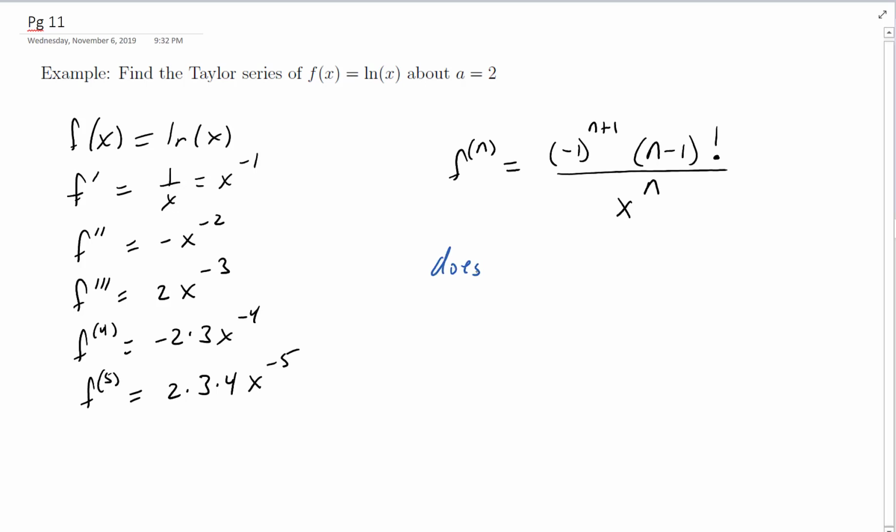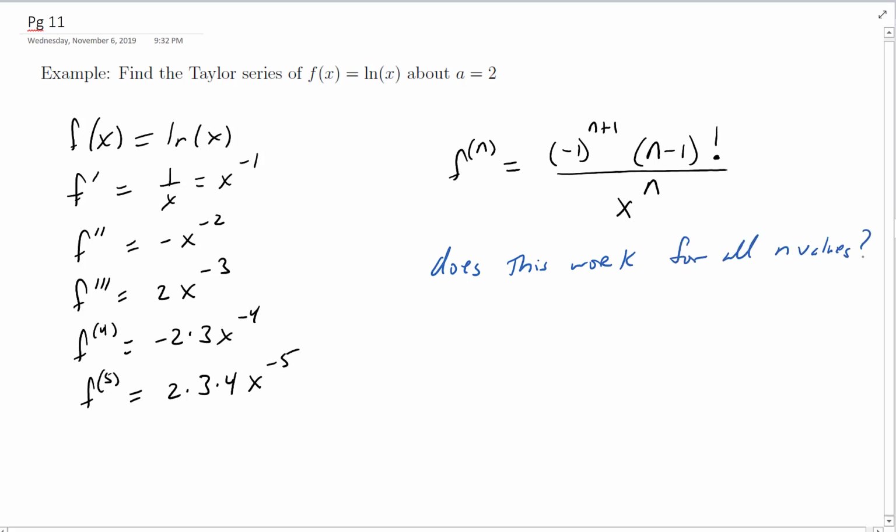Now we ask the same question, does this work for all n values? If you look at n equals 5, minus 1 to the 6, that's positive. 5 minus 1 is 4 factorial, x to the 5, it works for 5.